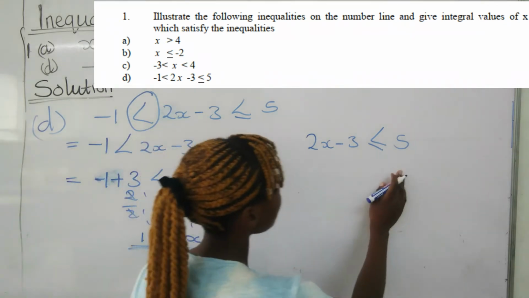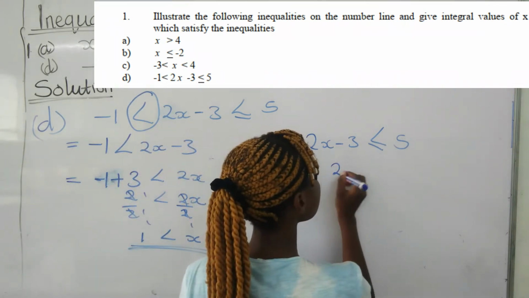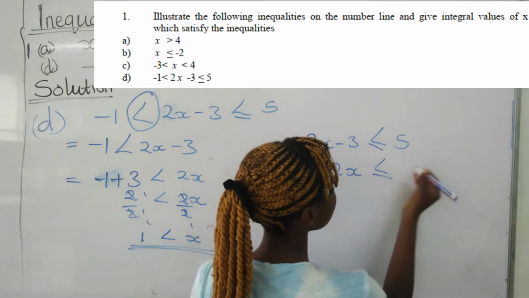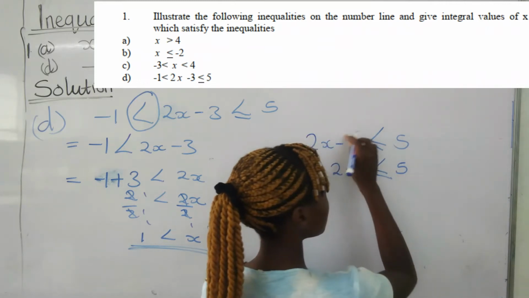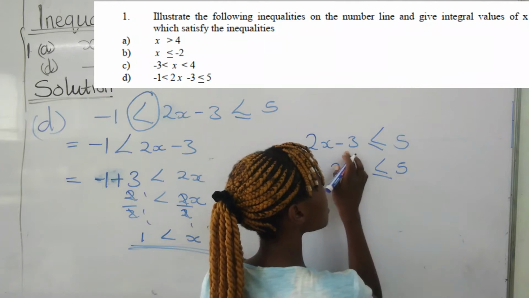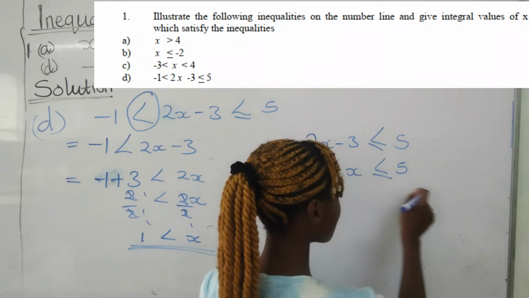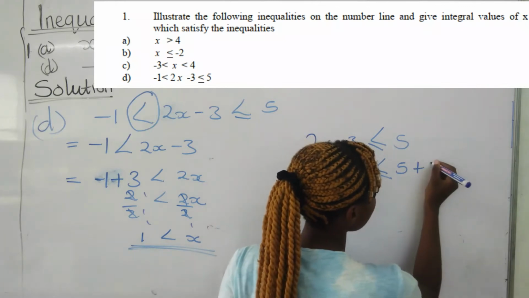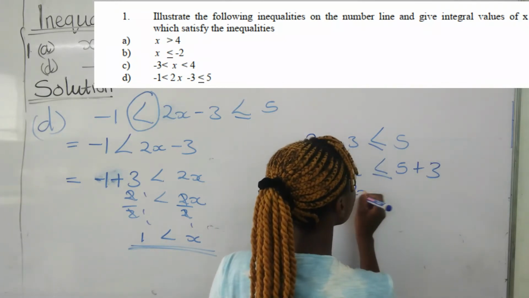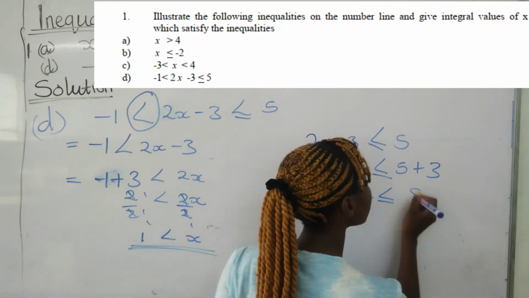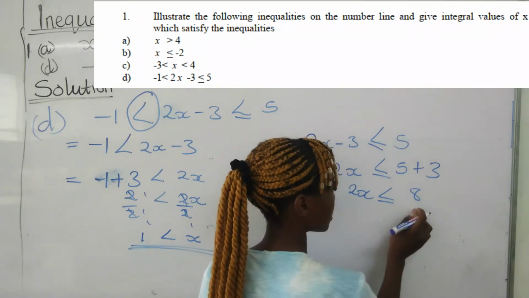Now for this part, we say 2x less than or equal to 5. Then we move this minus 3; when it changes position, it becomes positive 3. So 2x less than or equal to 8. We add here, we get 8.